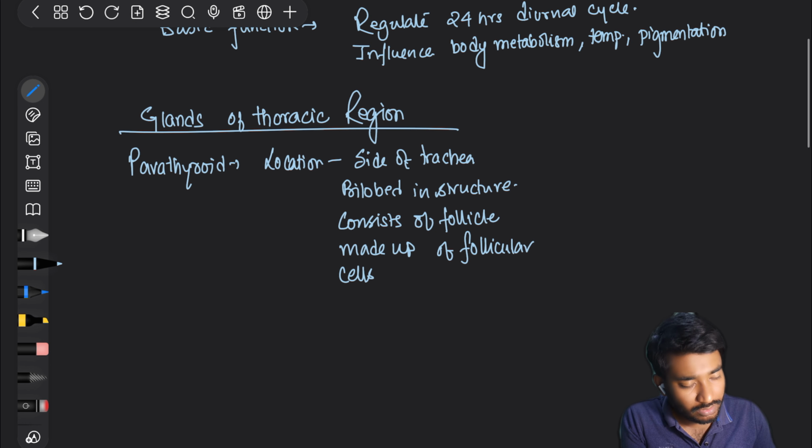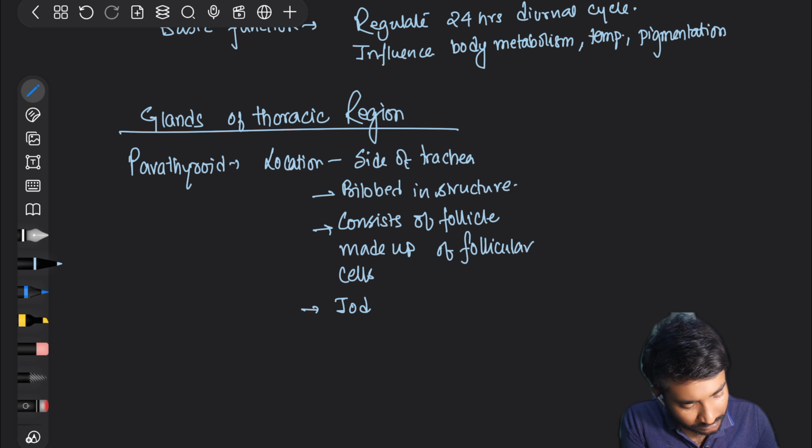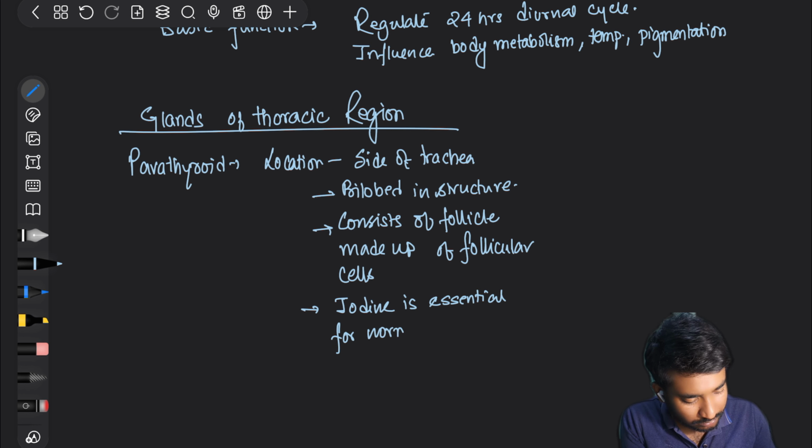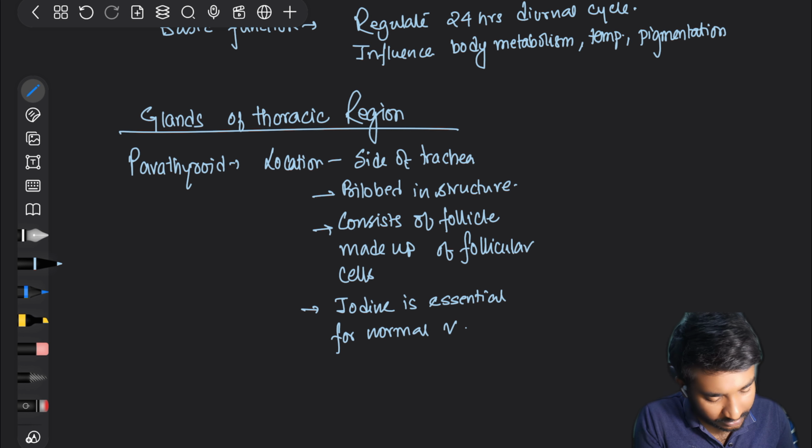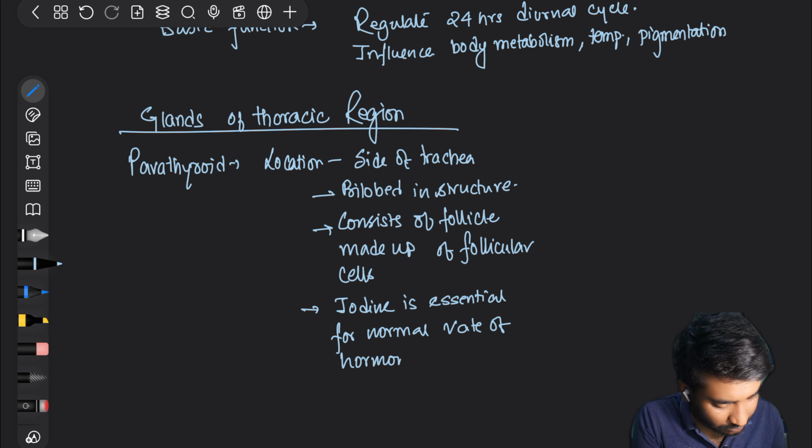Iodine is essential for normal rate of hormone synthesis.